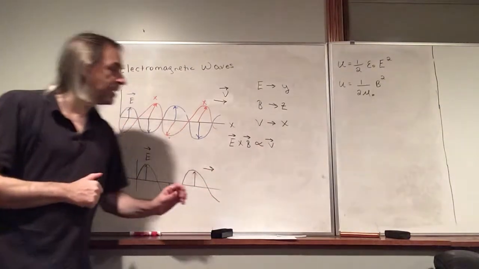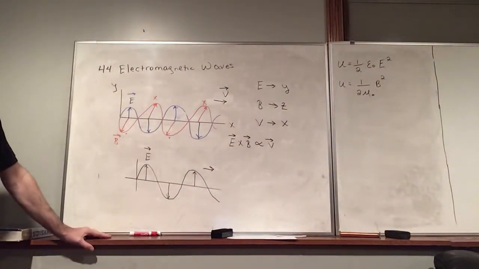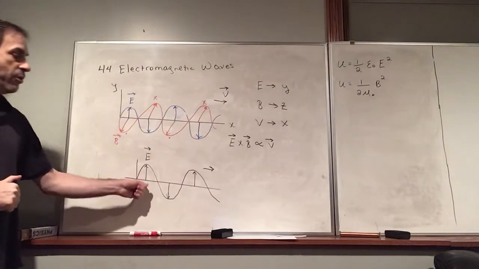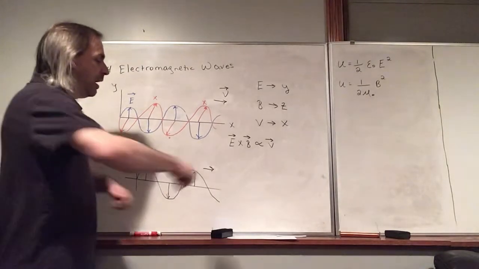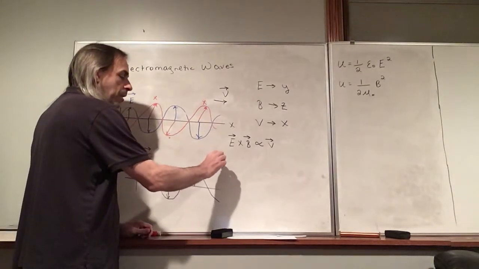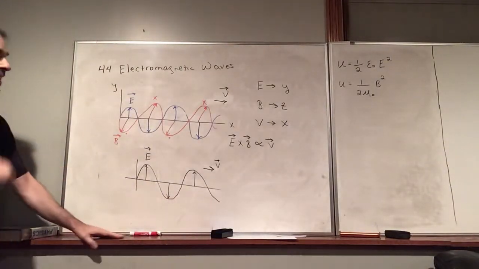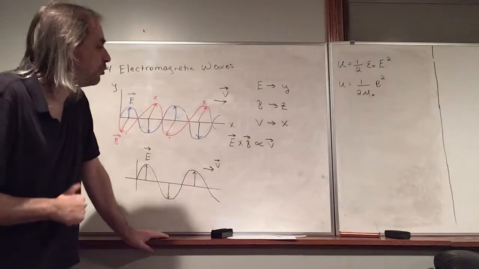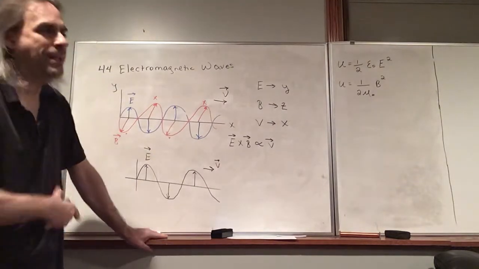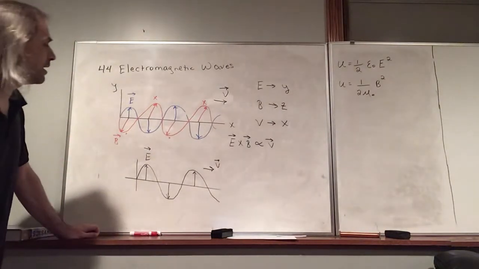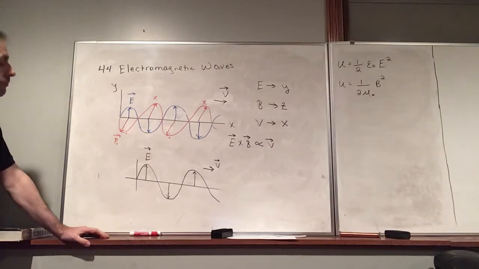And again, we're going to see a relation between the magnitudes as well. So if I just give you the electric field, then you know everything about this particular wave. You know both the direction and magnitude of the magnetic field as well. So that makes describing electromagnetic waves a little bit easier.